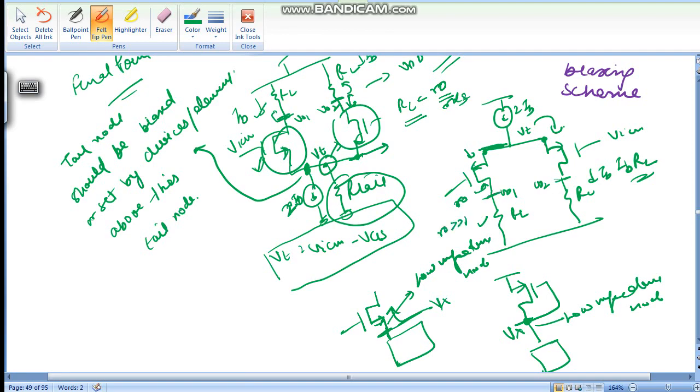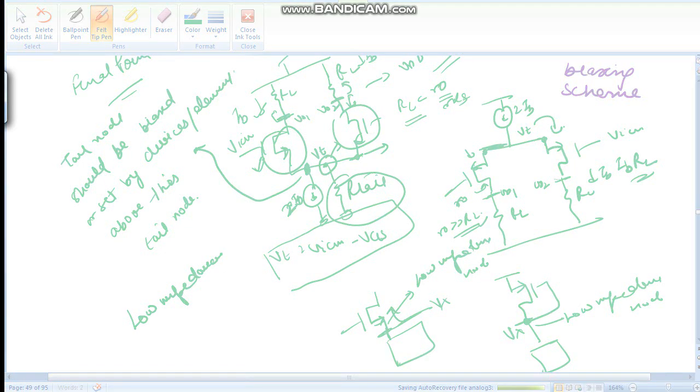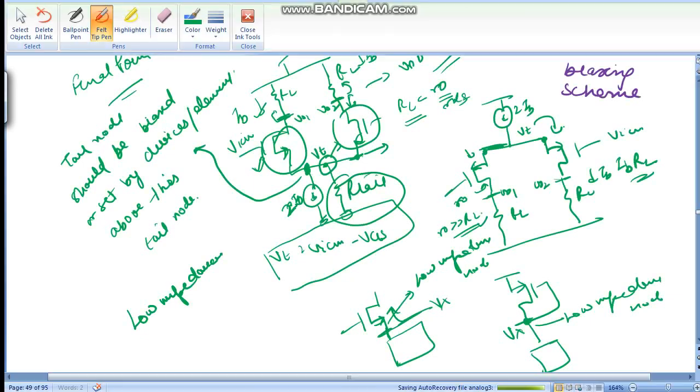RO is greater than RL. So you should check which device is providing the low impedance node. That device is going to basically set the bias voltage on that node.